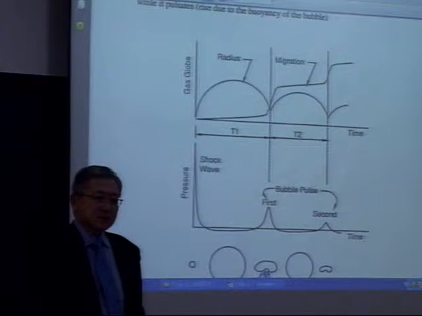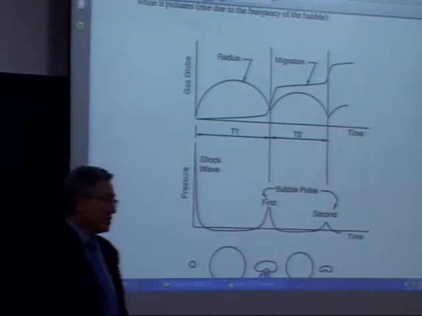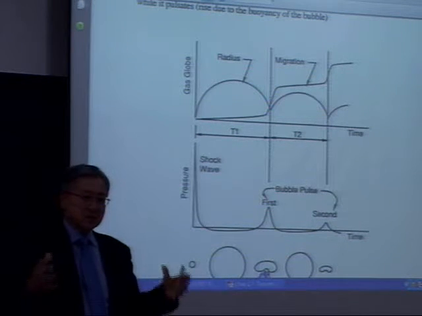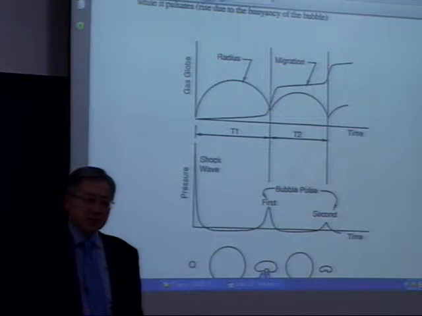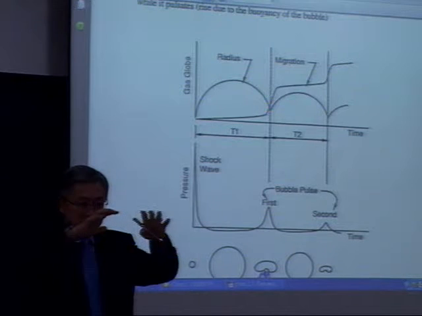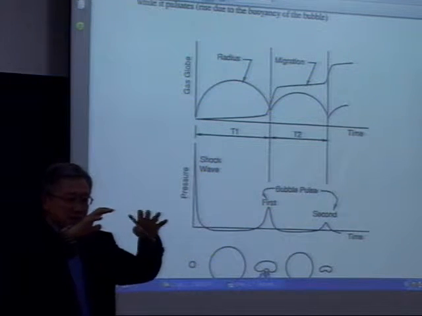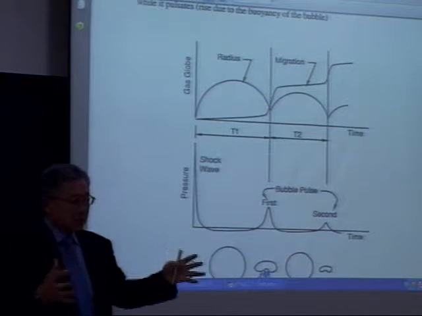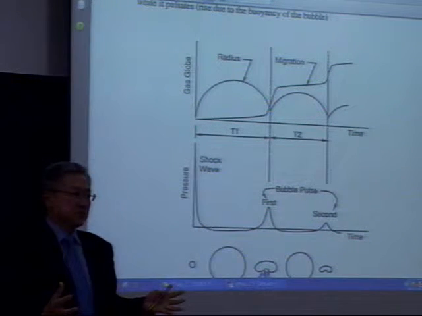So what happens is, when a gas bubble is large, there is a large drag force on the surface of the gas bubble.